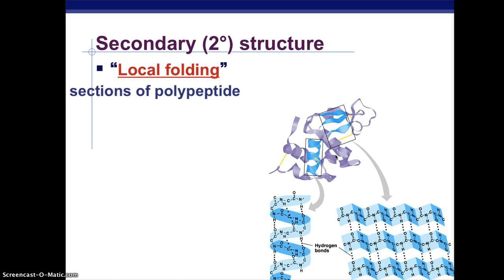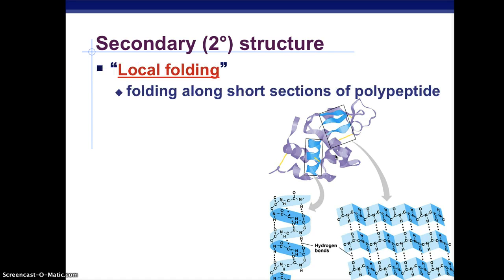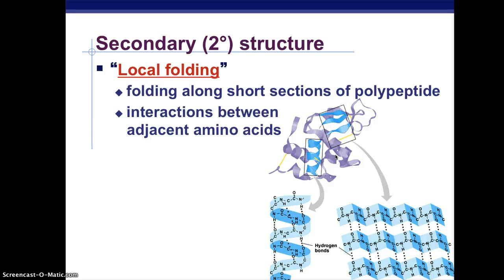Secondary structure is known as local folding. This is folding along short sections of the polypeptide, and this is influenced entirely by the backbone of the amino acids, not the R group. So hydrogen bonds will form between the carboxyl group of the backbone of one amino acid and the amine group of the backbone of another.